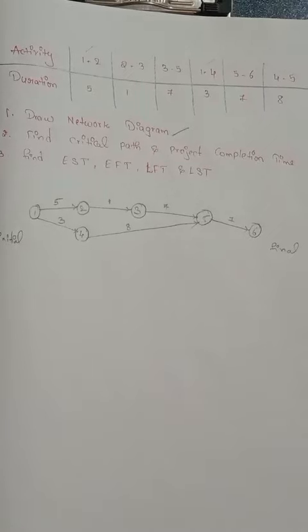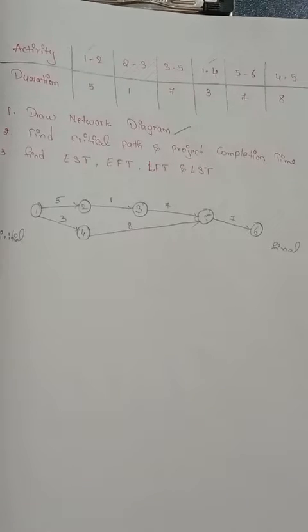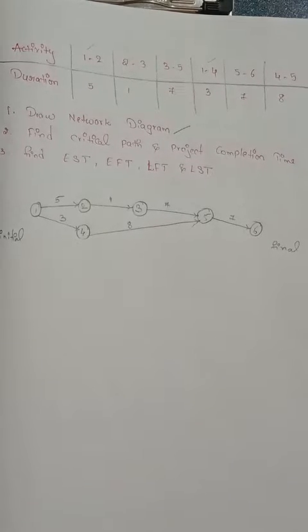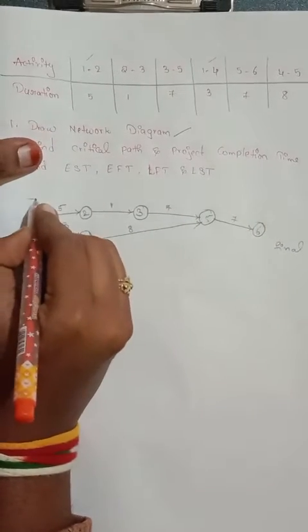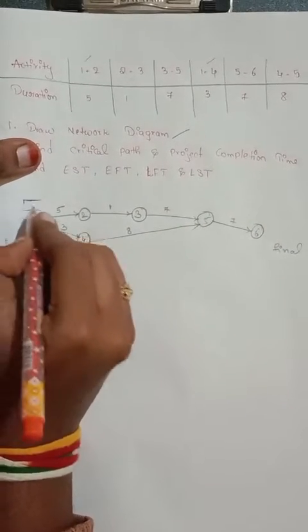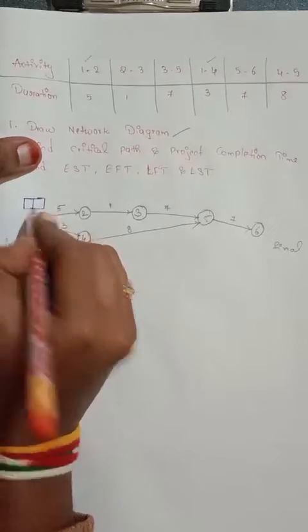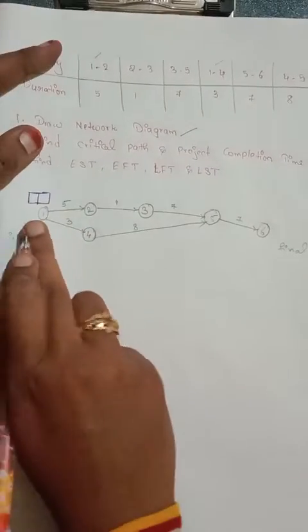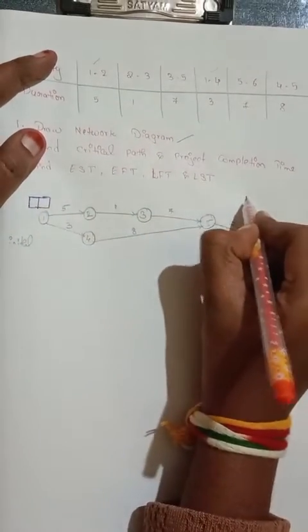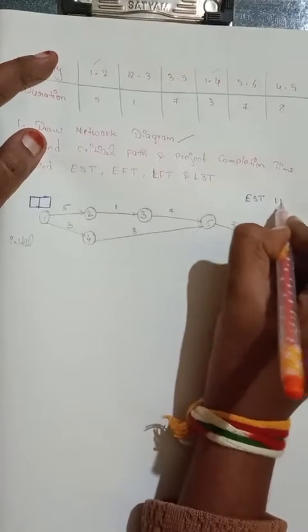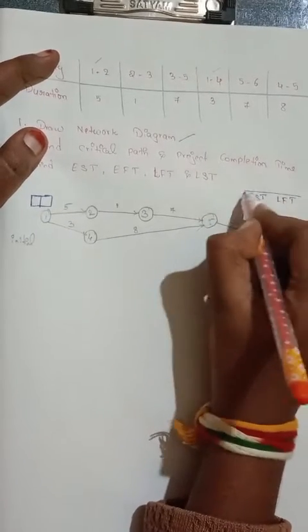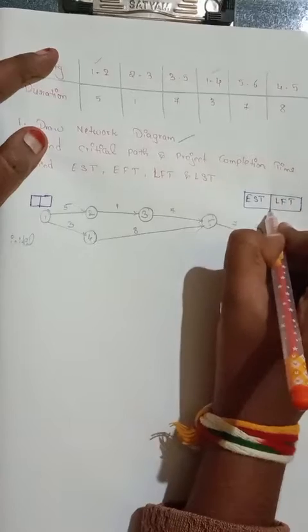Now we need to find the critical path. So how to find our critical path, guys? There is one way: just draw boxes on it, 2 boxes, guys. These 2 boxes allocate the EST value and LFT value. So here I need to say what is meant by EST and LFT.